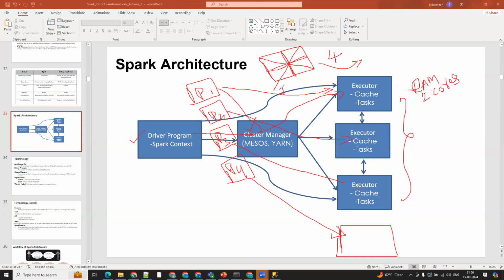But for now, you try to understand all these partitions are handed over, and the cluster manager will try to create a task for each partition. Task 1, task 2, task 3, task 4. All 4 tasks are given to all 4 worker nodes.